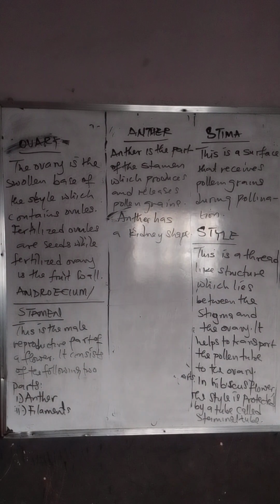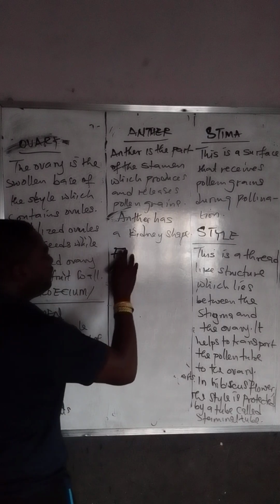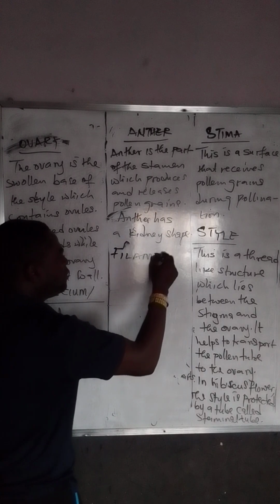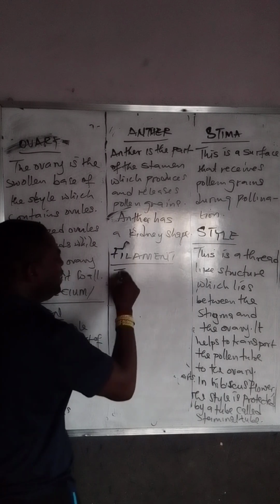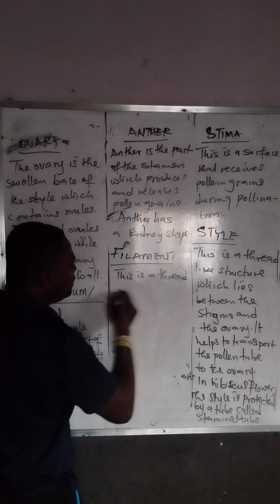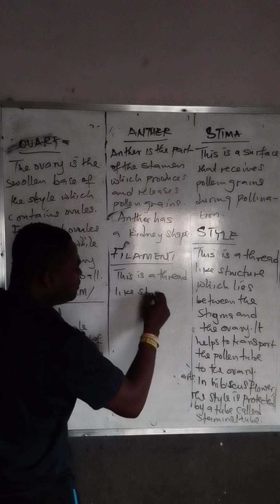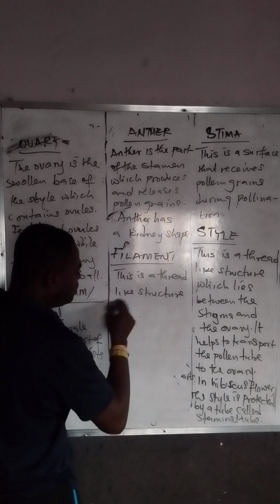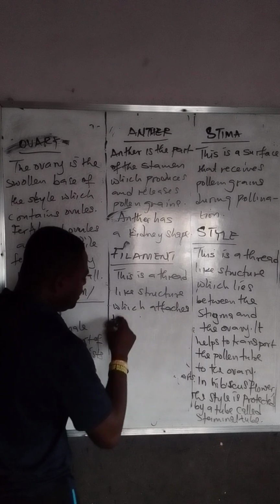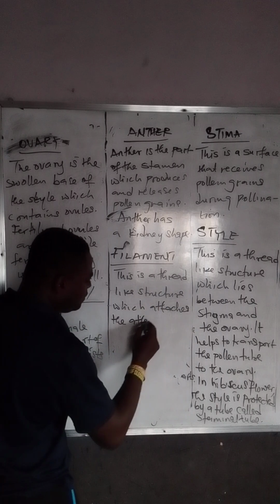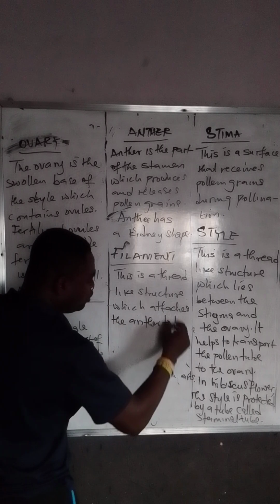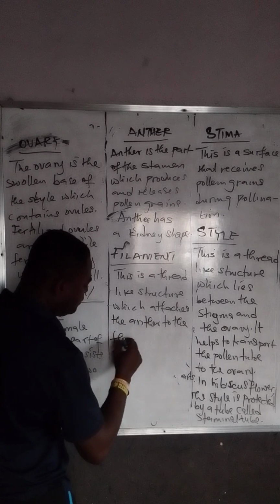So the filaments. This is a thread-like structure which attaches the anther to the what? To the flower.